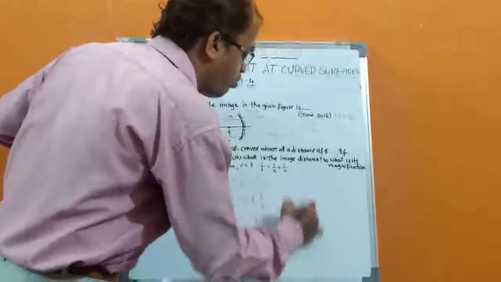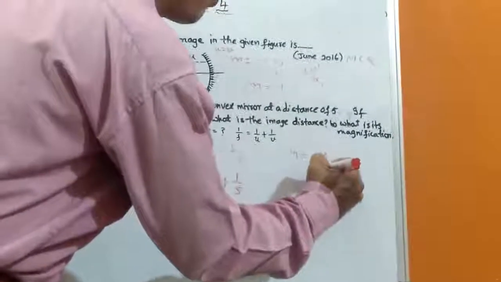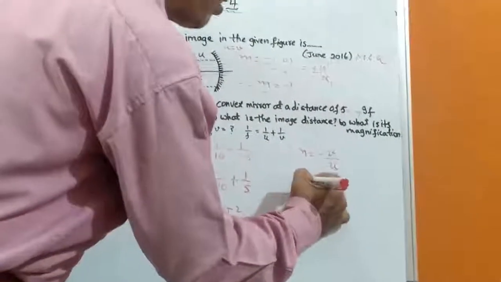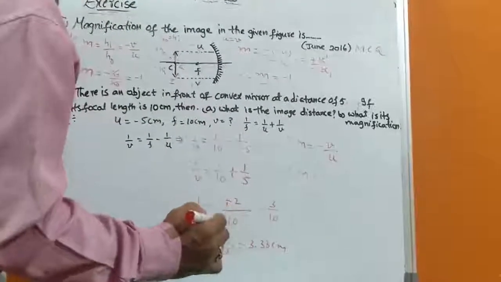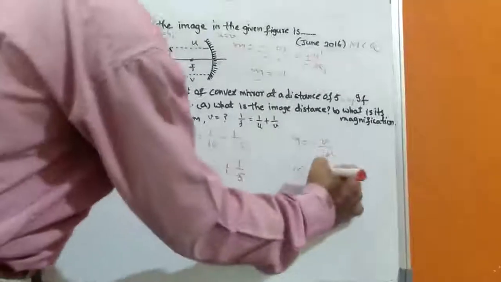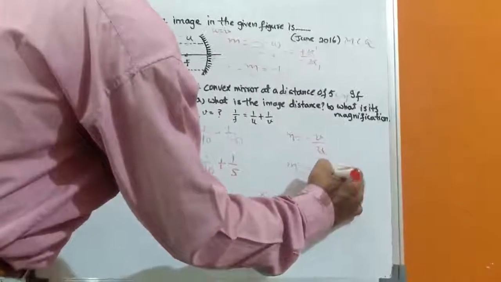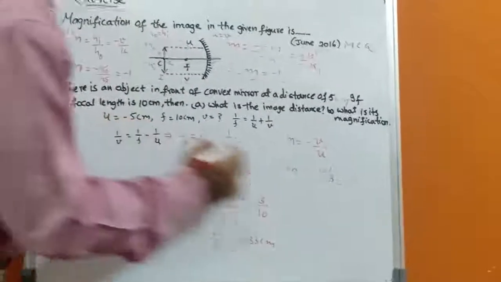Now we have to find the magnification. M equals minus V by U, the magnification formula. So M equals minus 10 by 3 divided by U, and U is given as minus 5 centimeters.